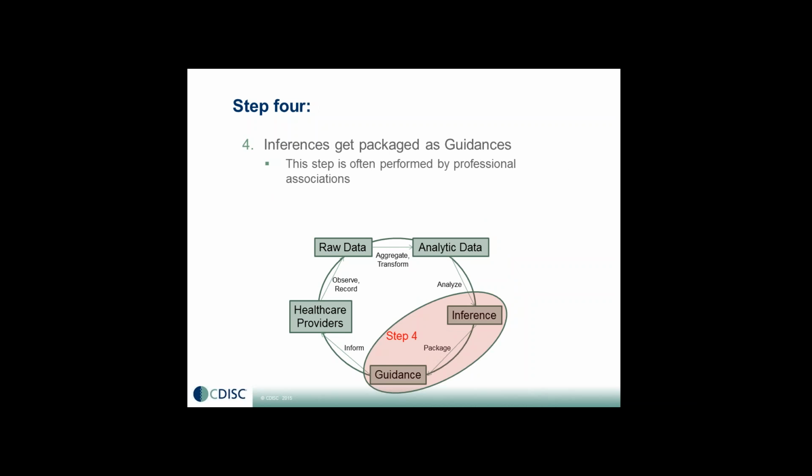The fourth step in automating the learning loop is taking the inferences generated by this analysis of data and packaging them up into what we're calling a guidance. As we get down to step 4 and step 5, we're really getting into the aspects of the learning loop where the least work has been done.